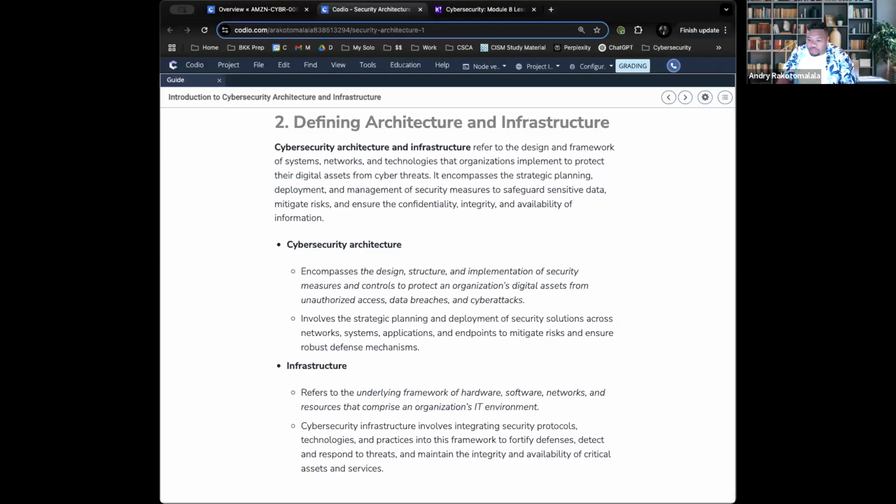and infrastructure. Now, when we're talking about architecture and infrastructure, this is all very device focused. It's all very technological and hard component focused. However, you should understand that it's not just that. When it comes to the infrastructure, it can also be cloud servers. It can be certain environments like SaaS or anything that's not something you can touch.